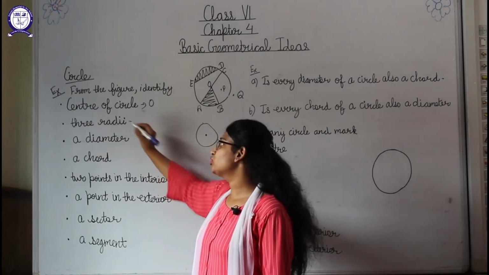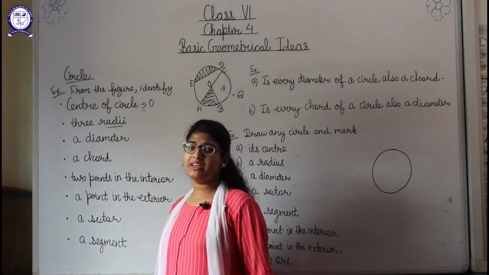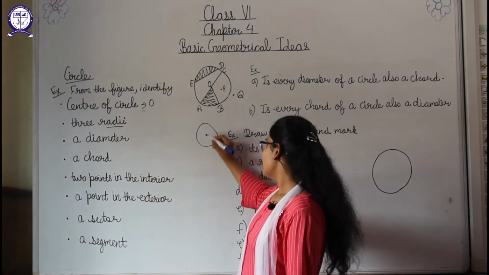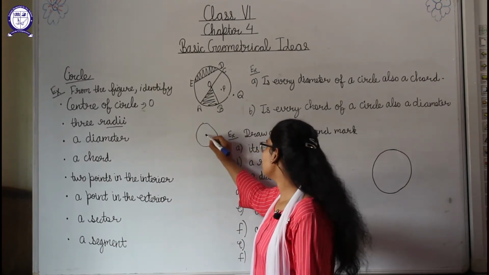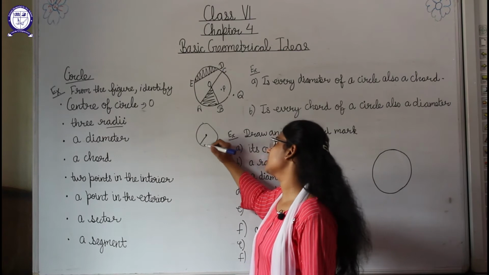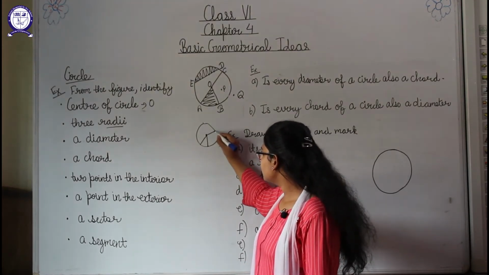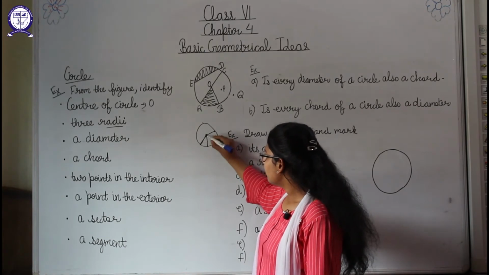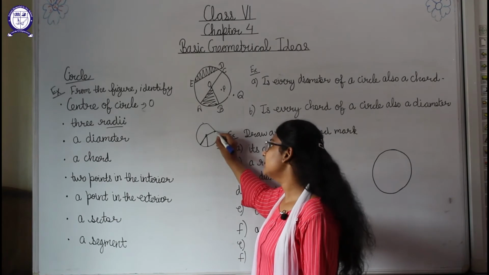Now we have to tell about three radii. What is radii, students? You know about the radius. What is radius? Any line that starts from the center and joins any point on the circle. Any point means this, it can be like this, these are all radii. From here to here, from the center to the boundary of the circle, are radii.